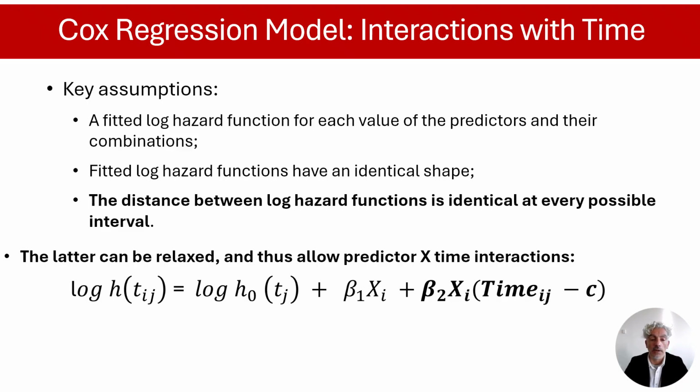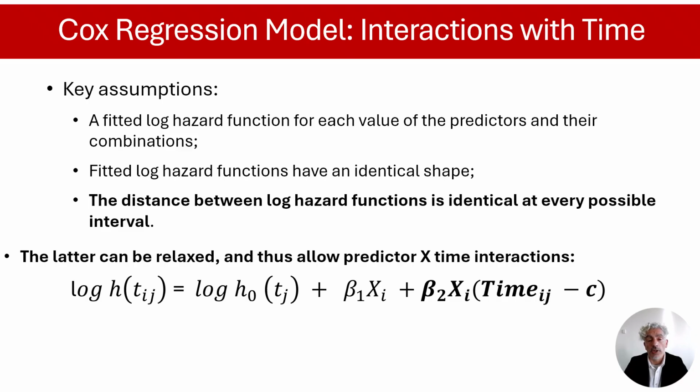This constant is just used to facilitate interpretation. It's analogous to centering time. We could decide to use the beginning of the study as our constant. That is, the constant will be time 0 when the study starts, so we can ignore it, basically. We could choose another meaningful point in time, for example, the sample's median lifetime, or we can use some other meaningful time points.